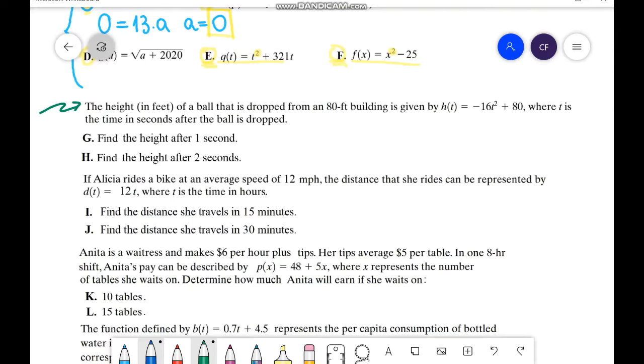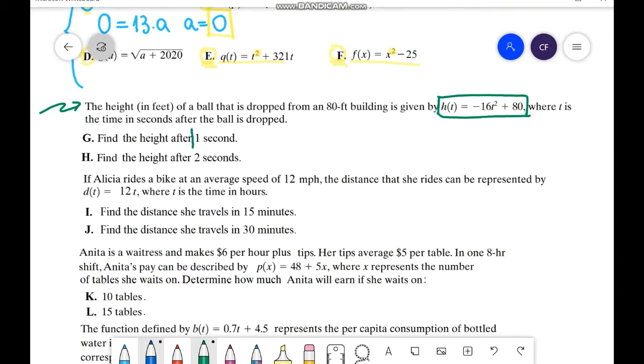The height in feet of a ball that is dropped from an 80-feet building is given by this function that gives the height of the ball: h of t equals negative 16t squared plus 80, where t is the time in seconds after the ball is dropped. Find the height after 1 second, and find the height after 2 seconds.